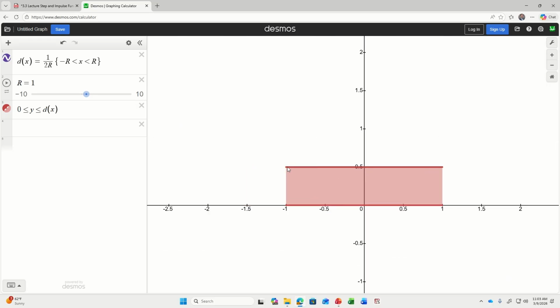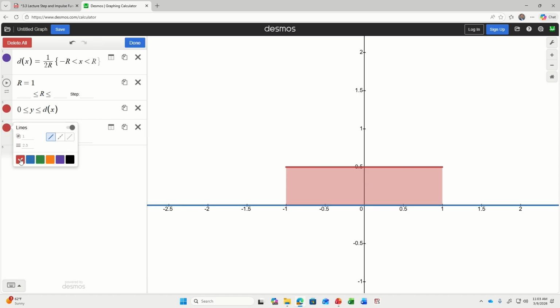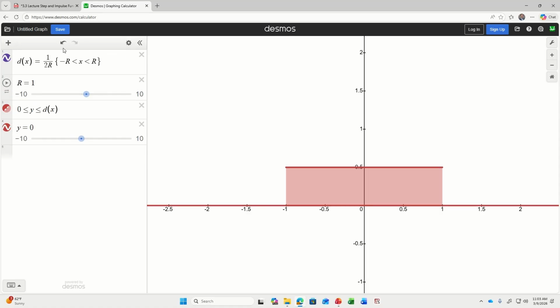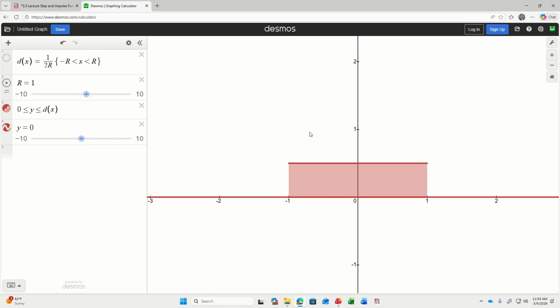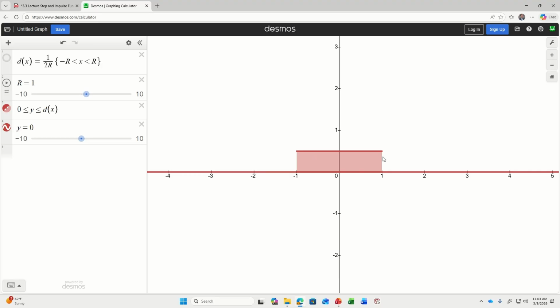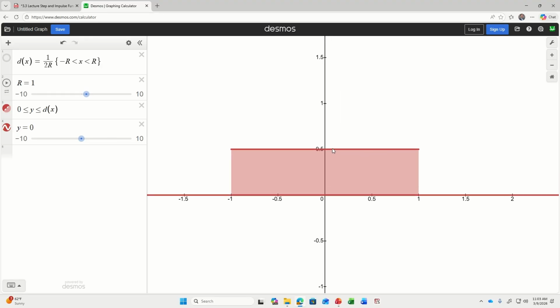And so obviously it's constant, and it only applies for a certain domain. Outside this domain, it's equal to 0. So maybe this is a better picture of what it looks like. It's 0 everywhere except for in this little patch where it's a constant positive number.